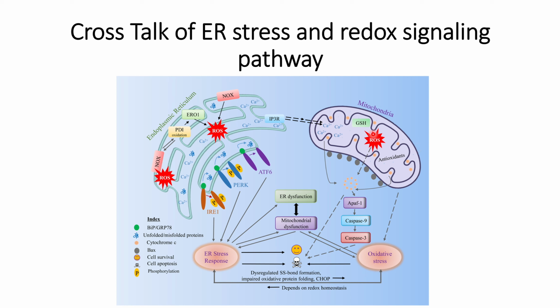This overloading will trigger ROS formation within the mitochondria, and it will also trigger some pro-apoptotic factors that might cause apoptosis or programmed cell death. So this is how ER stress can do a crosstalk with mitochondria and even make the mitochondria dysfunctional in case of high oxidative stress.